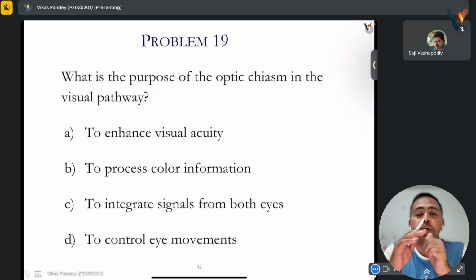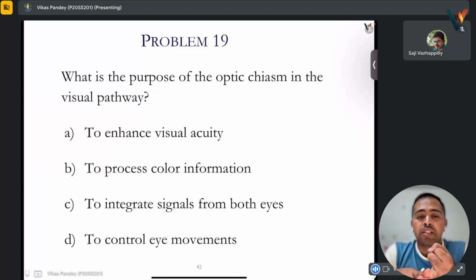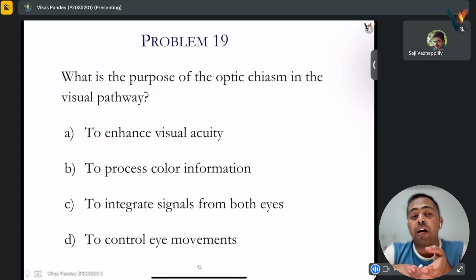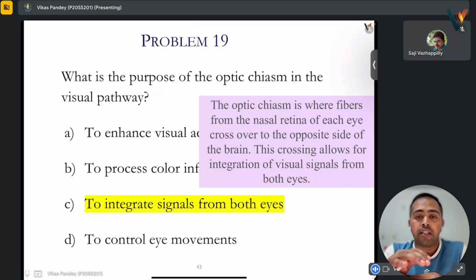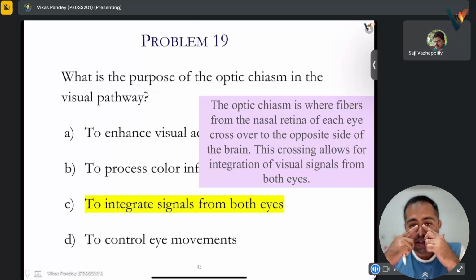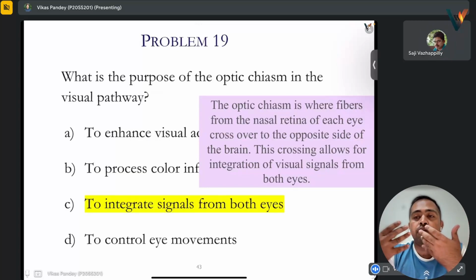So, what is the purpose of the optic chiasm in the visual pathway? To enhance visual acuity, to process color information, to integrate signals from both eyes, or to control eye movement. So, as we discussed in the summary section, it is to integrate signals from both eyes. The fibers from the nasal retina of each eye cross over to the opposite side of the brain.